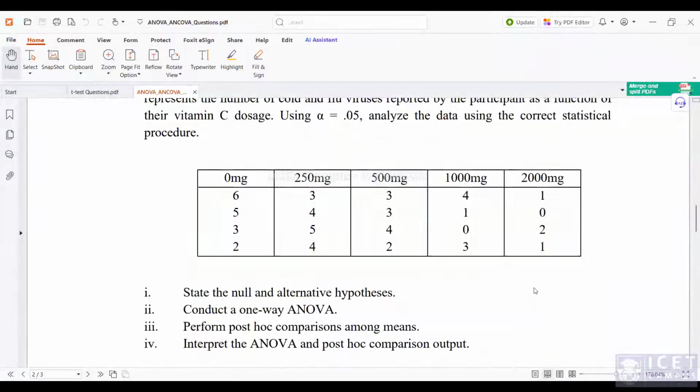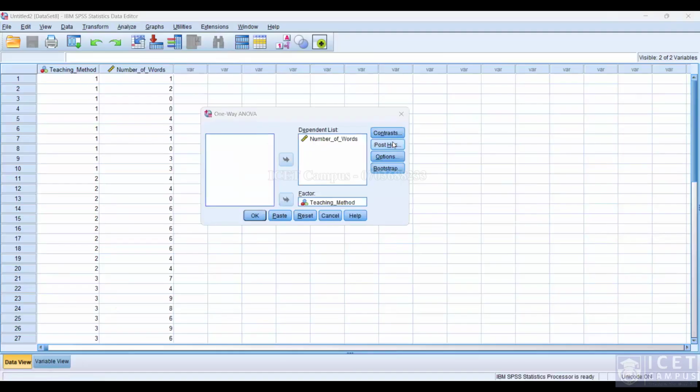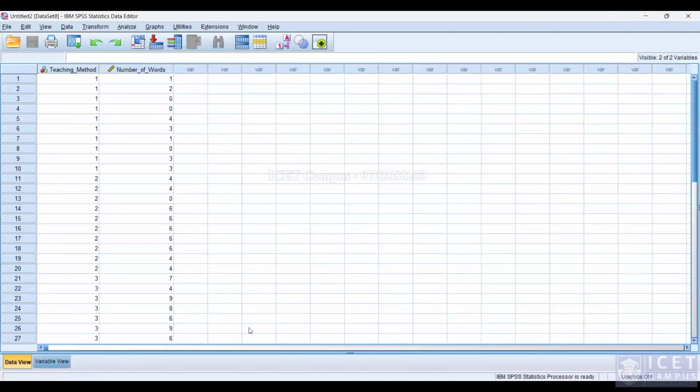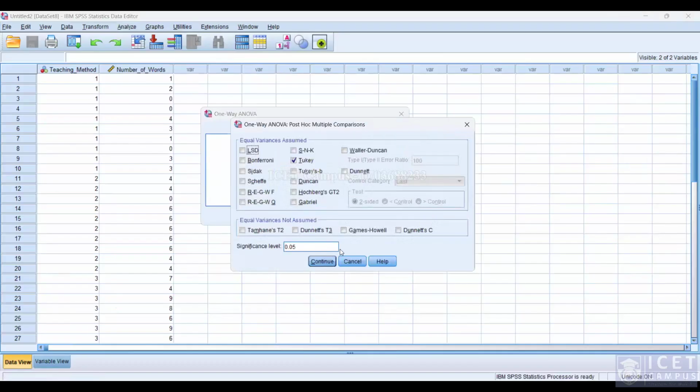So therefore, yeah, we can go for the analysis, analyze, compare means, one-way ANOVA, right? Okay, then we can go for the post-hoc test. Then okay.